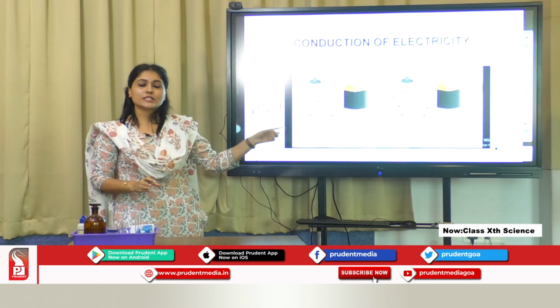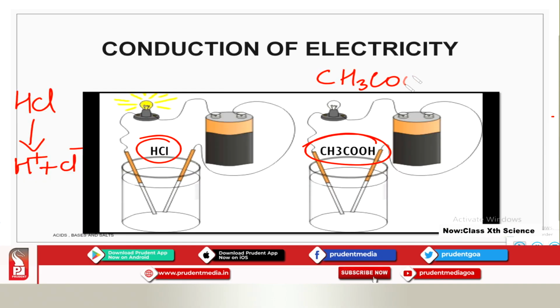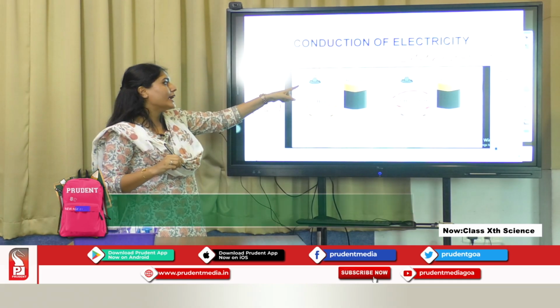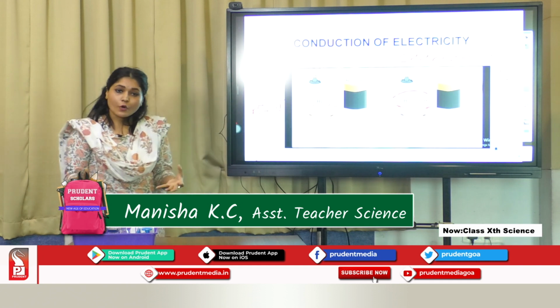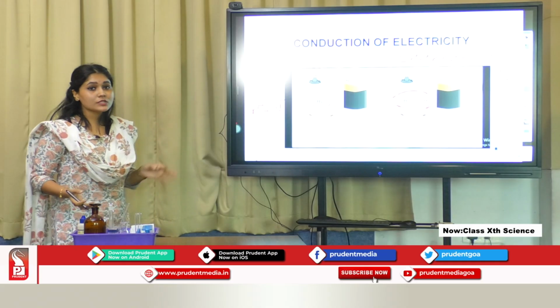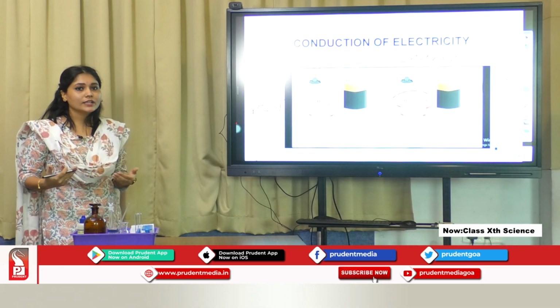But acetic acid is a weak acid, so it undergoes partial ionization, giving acetate ion, CH3COO-, and H+ ion. HCl undergoes complete ionization, hence the bulb is lit, whereas acetic acid undergoes partial ionization. That is why the bulb is not lit, because for the conduction of electricity, what you require is the movement of ions. One of the most important properties of acids as well as bases is that they have the tendency to conduct electricity.